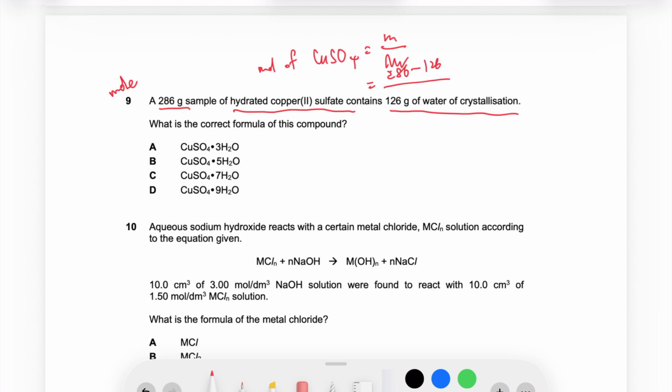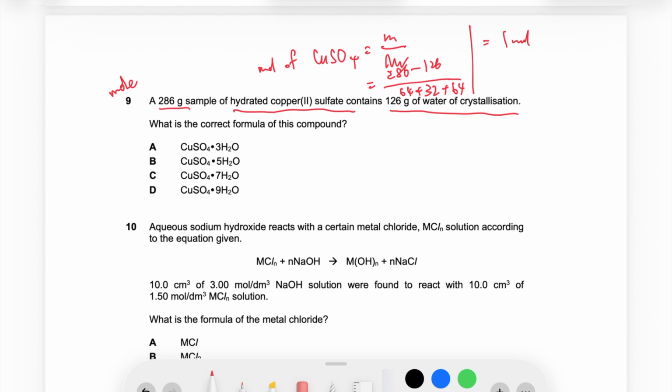And Mr is just 64 plus 32 plus 4 oxygen, 64. Calculator. So it's exactly 1 mole.